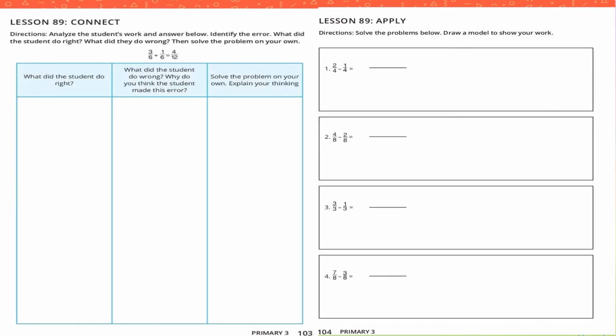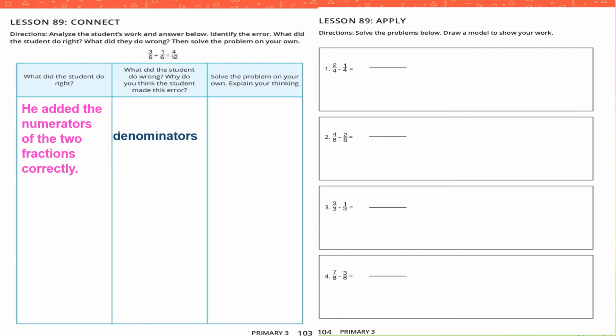Let's start lesson 89, the connect part here. Analyze the student's work and answer below. Identify the error. What did the student do right and what did they do wrong? 3 over 6 plus 1 over 6 equals 4 over 12. What did the student do right? He added the numerators of the two fractions the correct way.